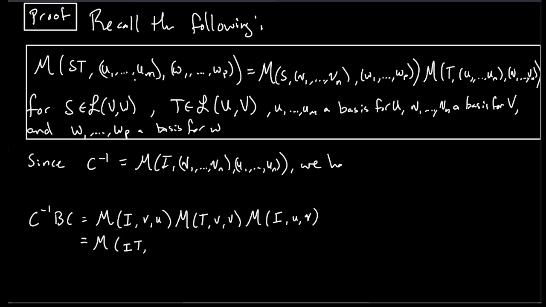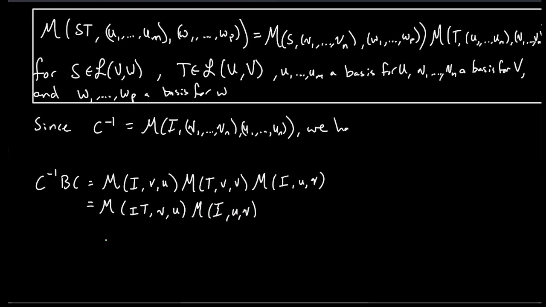You get the U, which is the first thing on the T part over here, and I get a V from this one. And then I get the U, which is the second part of the first one over there. And then I have my matrix of the identity with my U and my V. Remember, these U's and V's are stand-ins for those whole long lists.